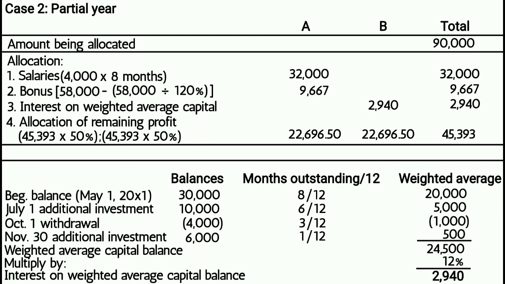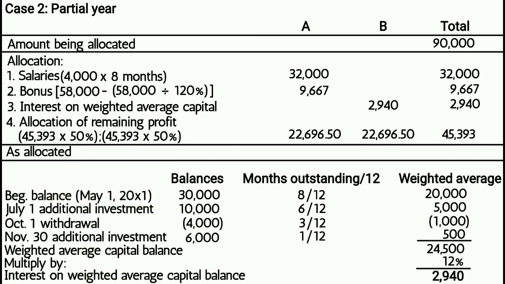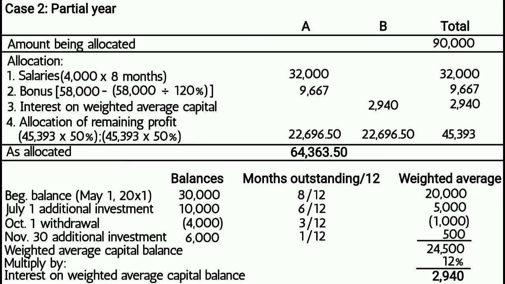At this point, we can now compute the respective shares of the partners. For A, 32,000 pesos plus 9,667 plus 22,696.50. That is equal to 64,363.50.